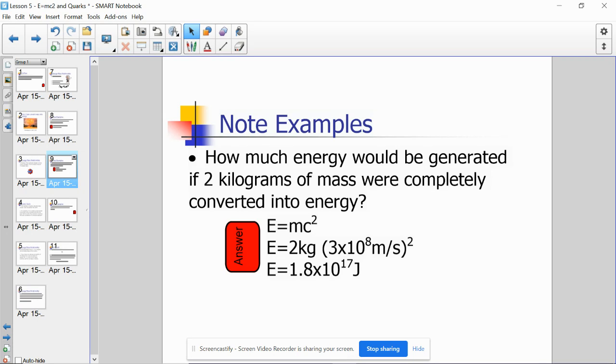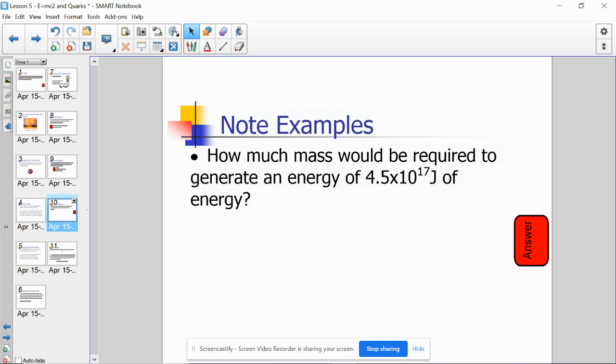If you talk about a supercar with 1,000 horsepower, that would be about 720,000 joules every second. This is 1.8 with 17 zeros after it. It dwarfs that amount of energy. That's why nuclear energy is so much more potent than chemical energy.